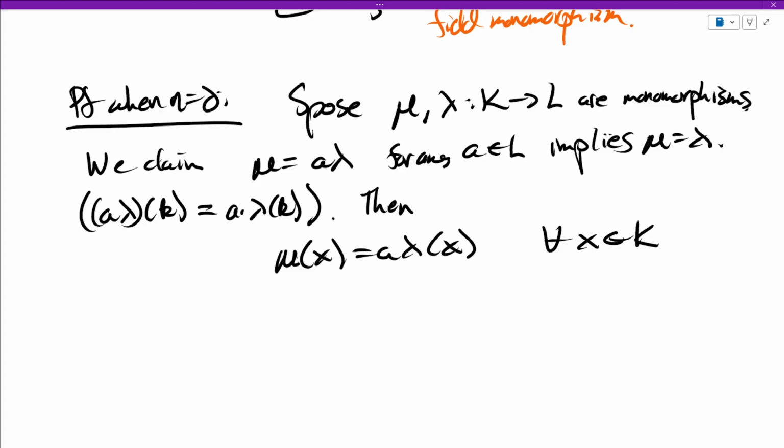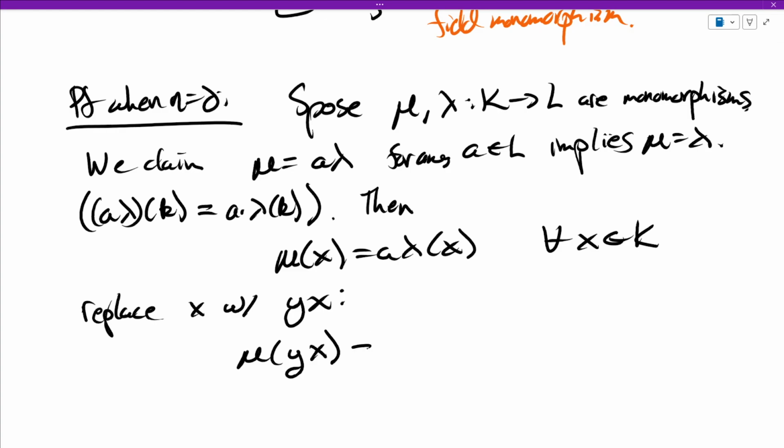Okay. So we're going to use this, but we're going to replace our x with yx. And when we do that, we get mu, because right, yx is an input. If y is in k and x is in k, yx is also in k, so that's an acceptable input because we have a field. So they have to agree on every input, so this must be true.